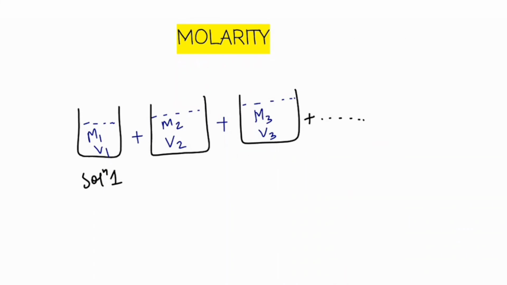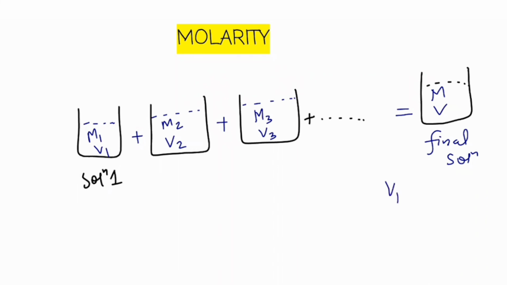After mixing all these solutions, we have a final solution, which has molarity M and volume V. Now V1 plus V2 plus V3 plus V4 and so on will be equal to the final volume V.